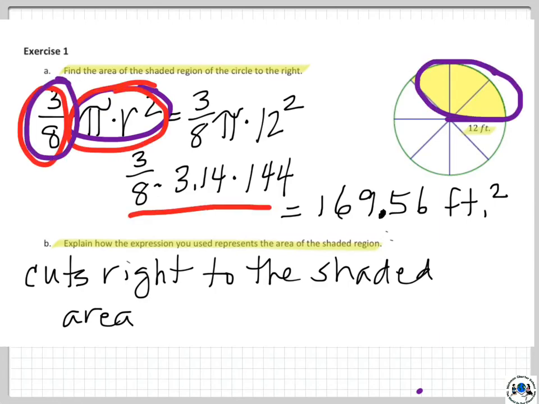Because I have my 3/8, there's my 3/8 right there, and then there is my circle formula, pi times r squared. And I cut right to the chase. So the answer I get is going to naturally be just this area right here, because I've accounted for that by my 3/8 right there.